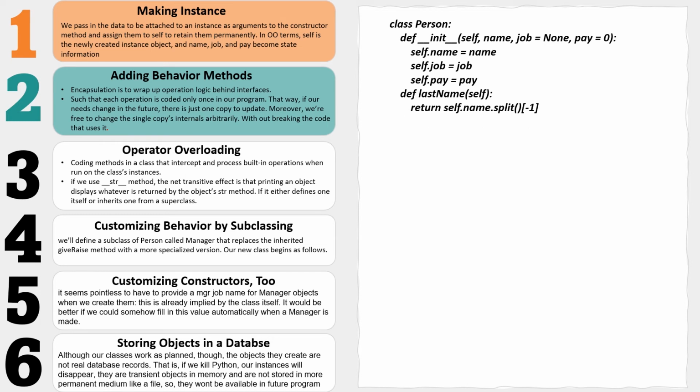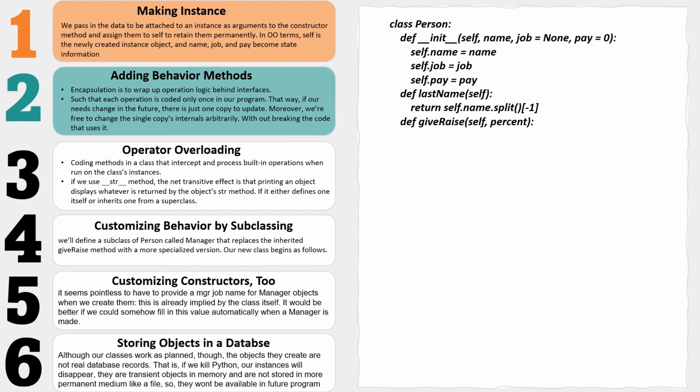The second one is to give a pay raise by updating its pay field, that is by changing the state information in place with an assignment. However, what we really want to do here is employ a software design concept known as encapsulation.